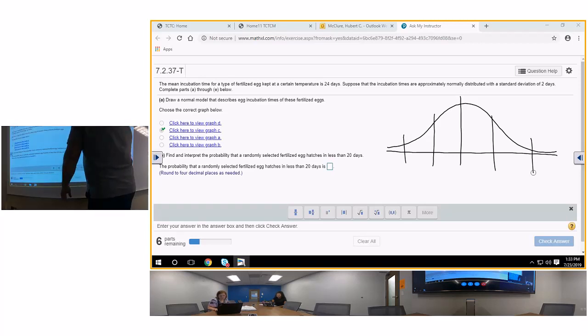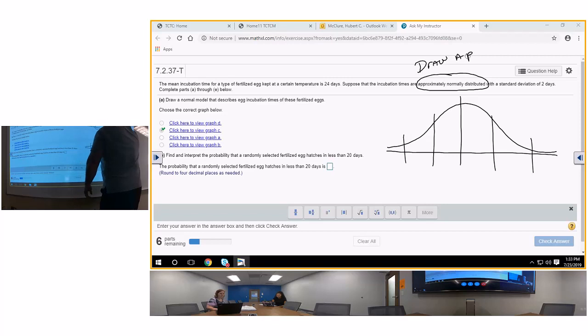This right here, approximately normally distributed, means draw a picture. Anytime you see mean and standard deviation, that's the same thing: draw a picture. So 24 days, is that a mean?